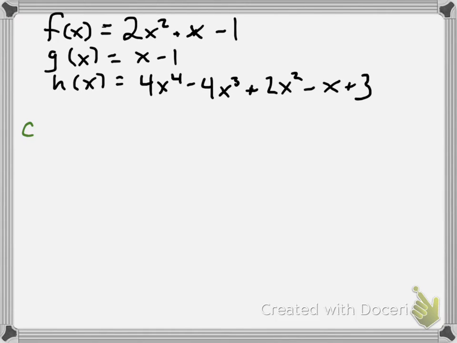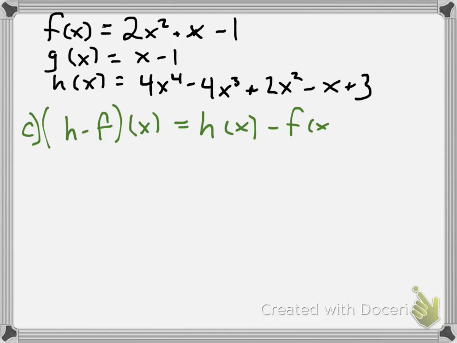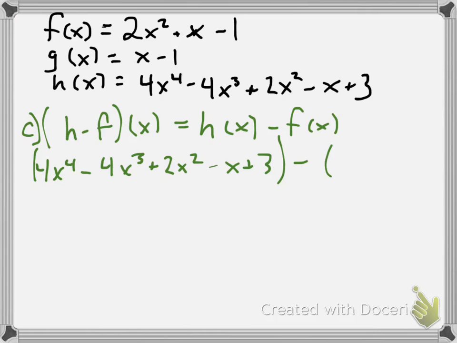So part C was to do h minus f of x. Again, this is simpler, because it's literally defined as h of x minus f of x. So I can just take my whole h of x expression and subtract f of x.